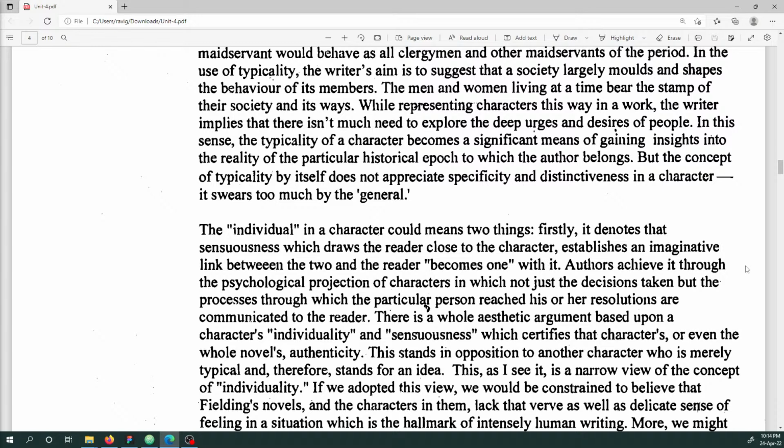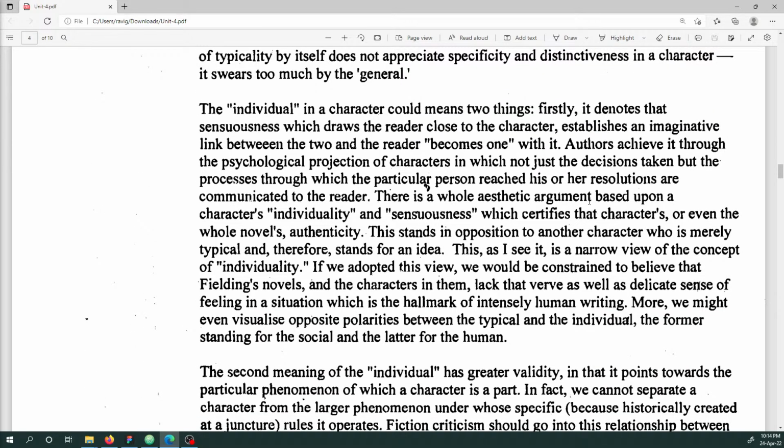Authors achieve it through the psychological projection of characters, in which not just the decision taken but the processes through which the particular person reached his or her resolutions are communicated to the reader. There is a whole aesthetic argument based upon the character's individuality and sensuousness, which certifies the character's or even the whole novel's authenticity.